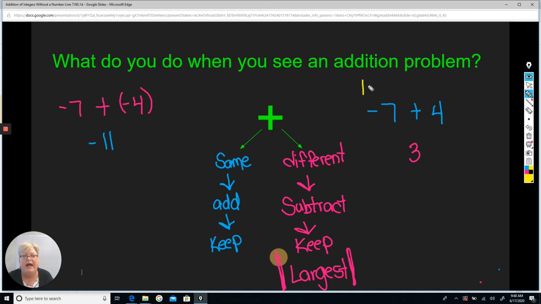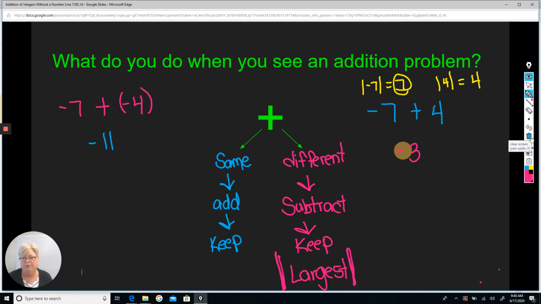The absolute value of -7 is 7. The absolute value of 4 is 4. And which one is the largest value? Well, 7 is the largest value, so I'm going to keep the sign of the 7, which is a negative. So -7 plus 4 is -3.